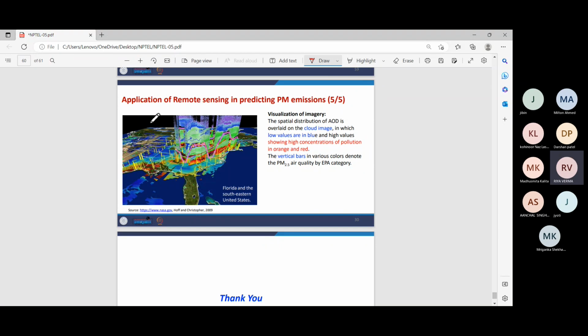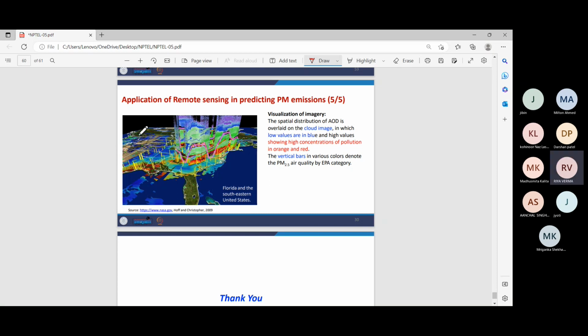This is an example of the application of remote sensing in Florida and the southeastern United States. You can see clearly these light rays, and here this AOD is overlaid on a cloud image in which the lower values of particulate matter are in blue and the higher values, showing high concentrations, are in orange and red.